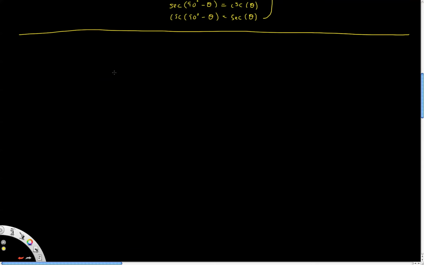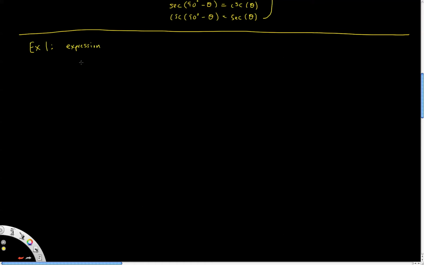So let's look at example number 1. Okay, all trigonometric identities, the basic problem will look the same. You're going to be given either an expression or an identity. So let's do a version of this called a given expression.